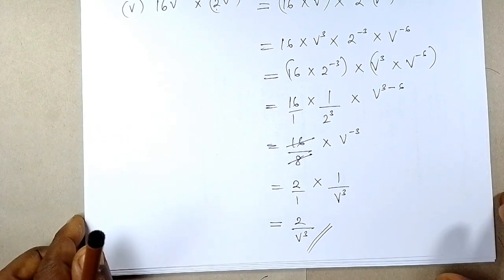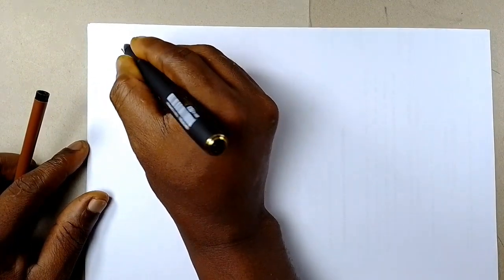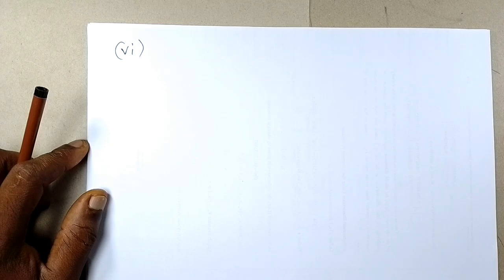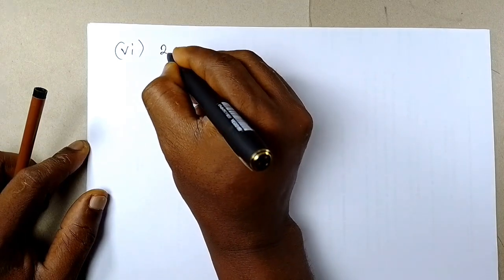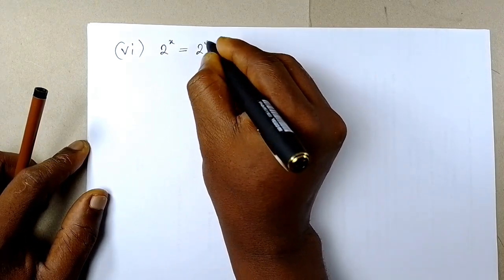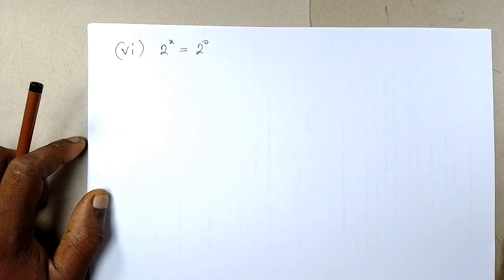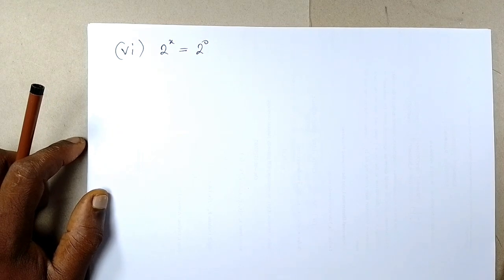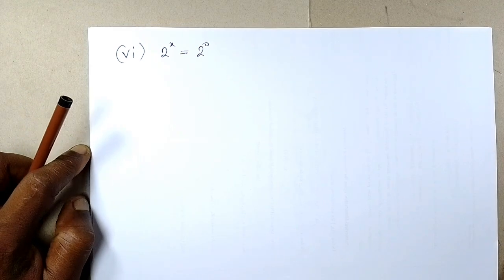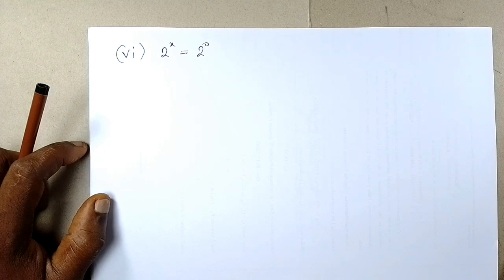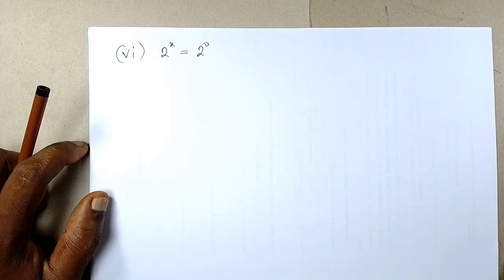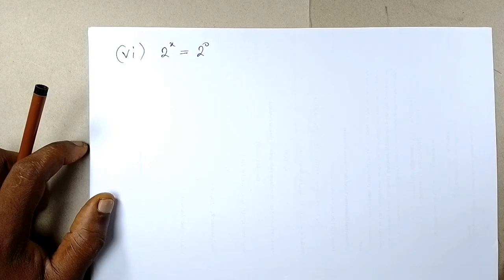Now let's move over to question number 6. For question number 6, we have a problem of this nature. We are asked to solve this problem. This problem comes from what we call indicial equations, and I'm going to be treating that in my next video, even though I'm going to be solving more problems on that.